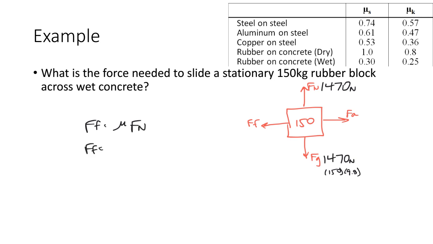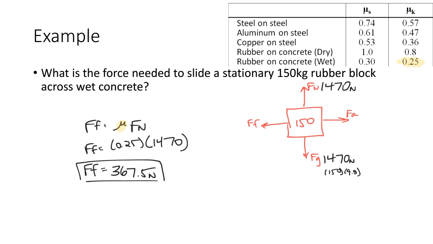Our mu right here is going to be between rubber and wet concrete. It's the kinetic friction because the object is already in motion. So I'm going to multiply 0.25 times our force normal, which gives us a total friction of 367.5.